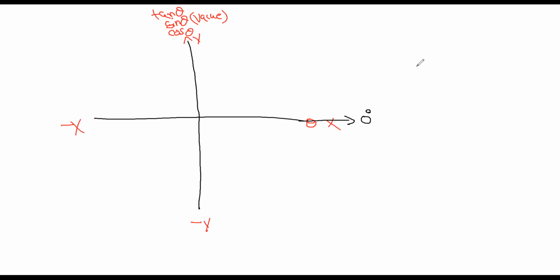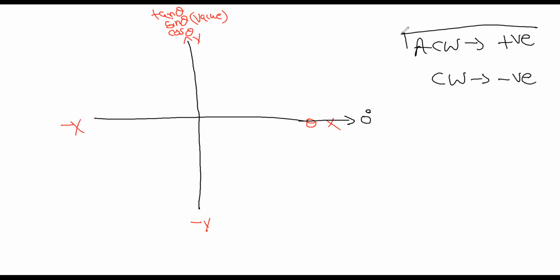We are taking the reference, the base, as the positive x-axis, and referring to it as 0 degrees. Whenever you are going anti-clockwise, you have to take it as a positive value. Clockwise, it should be a negative value. If you are going in the clockwise direction, we have to take a negative value.